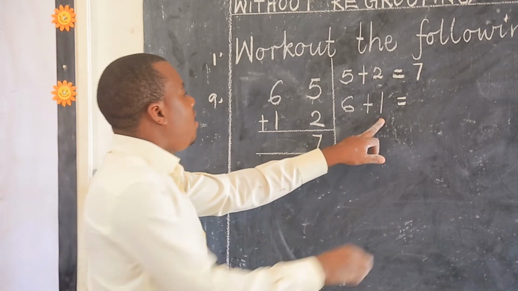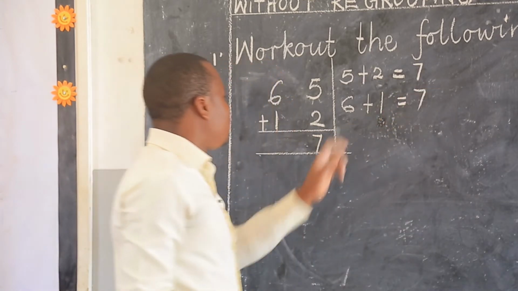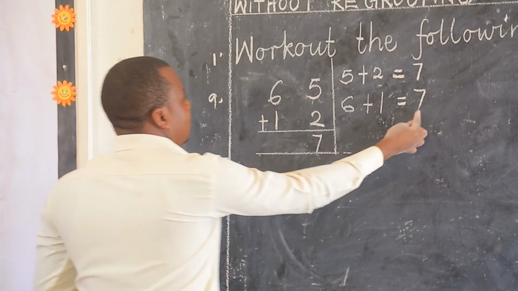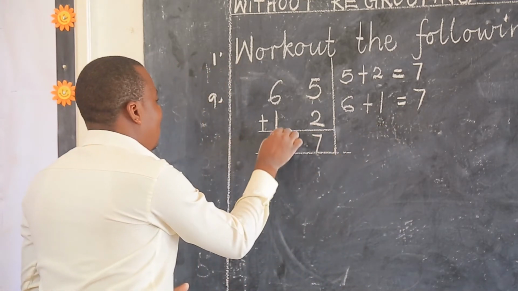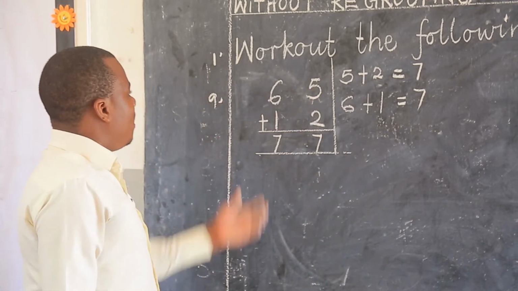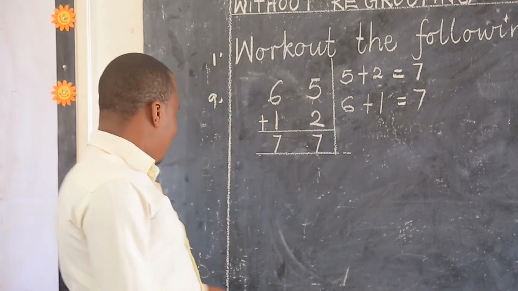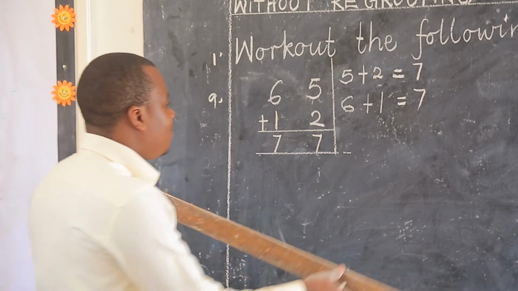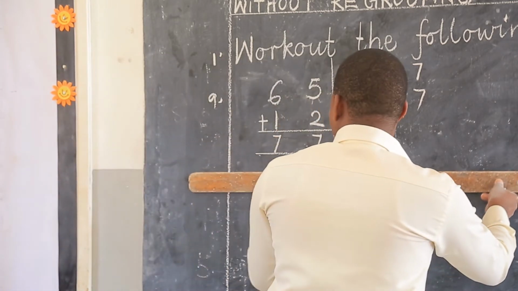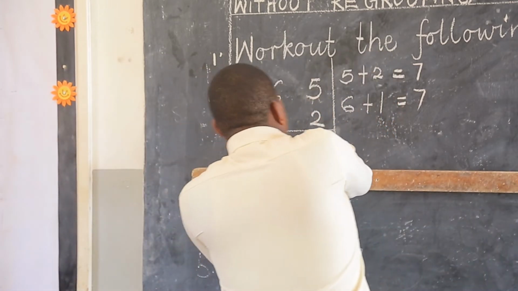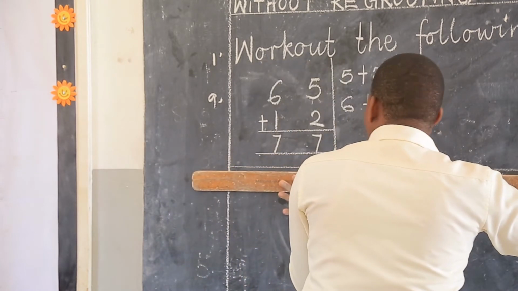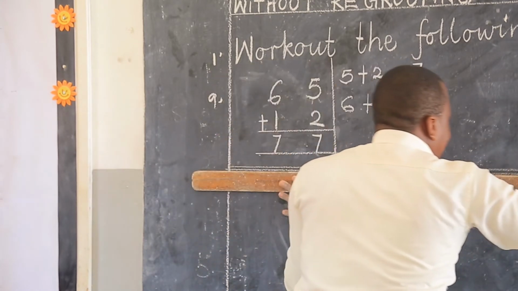When I add 1, that is 7. So after getting the answer here, I come and transfer it here. Meaning 65 plus 12 equals 77. So after getting the answer, we shall come and underline.